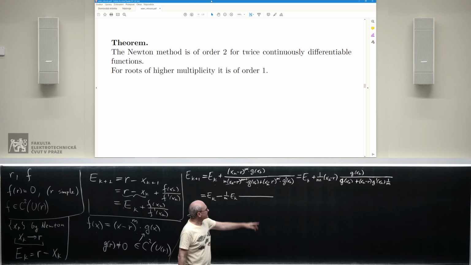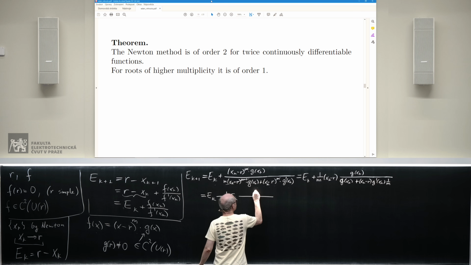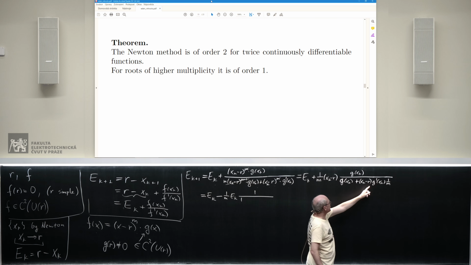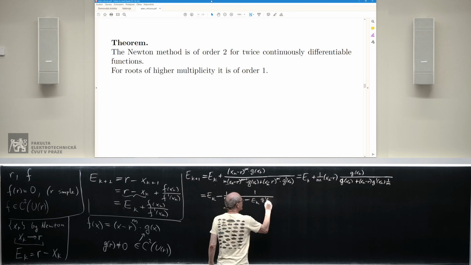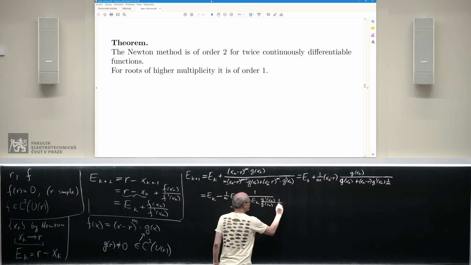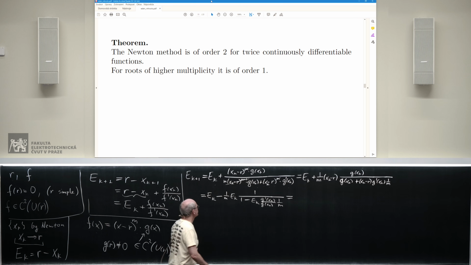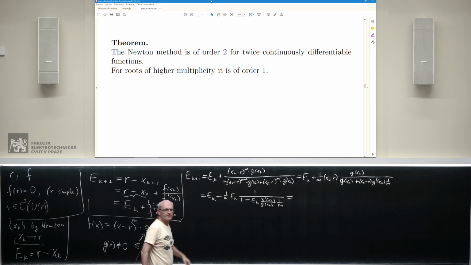So what do I do? I divide in the fraction by g(x_k). I get 1 on the top, 1 here. Now again, x_k minus r, this is actually minus e_k. Then there will be g prime (x_k) over g(x_k) times 1 over m. So far, so good. I think I'm going the right way.